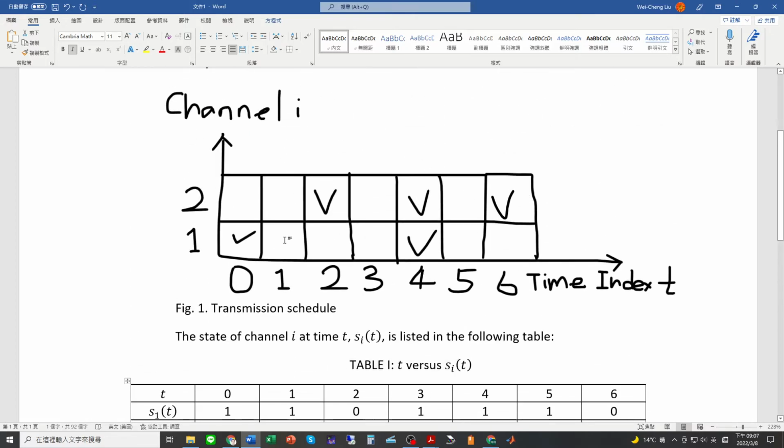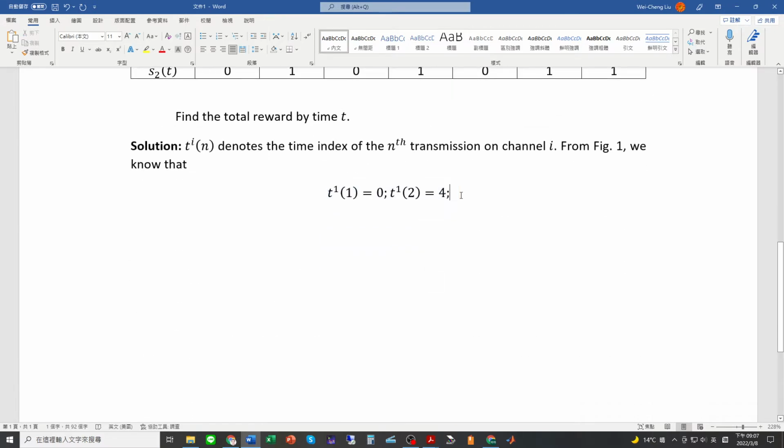We can see that this is the first transmission and this is the second transmission. So the second transmission on channel 1 has time index equal to 4.